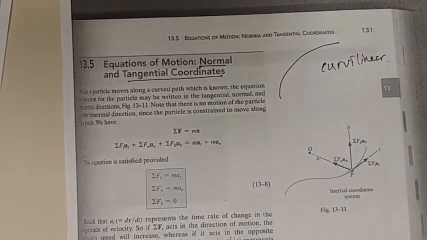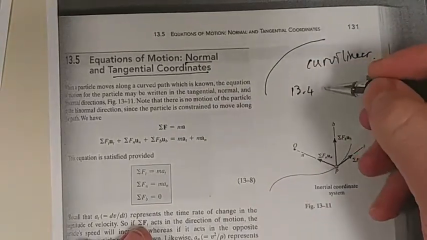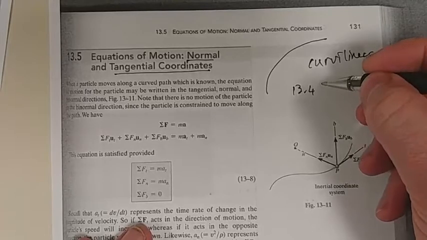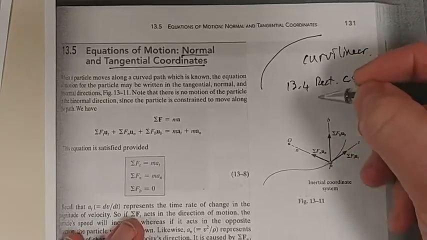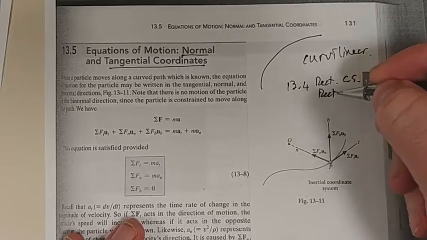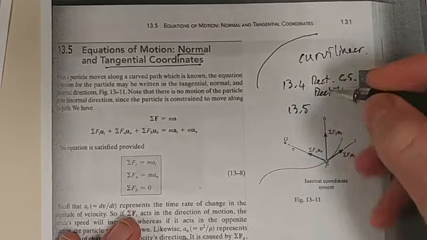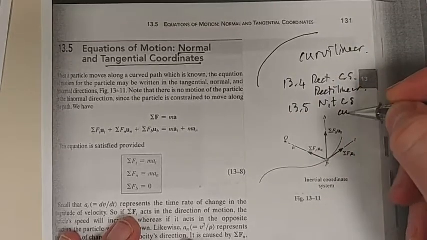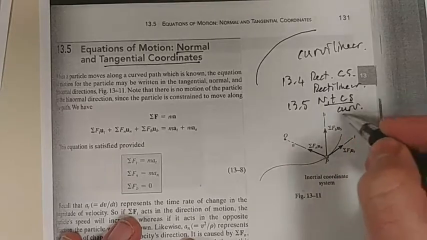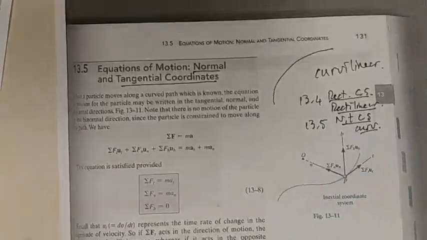So have you got that? 13.4, rectangular coordinates are used in general for rectilinear motion. And 13.5, normal and tangential coordinates are used for curvilinear motion. In general, I'm just saying in general, that's what this textbook uses.